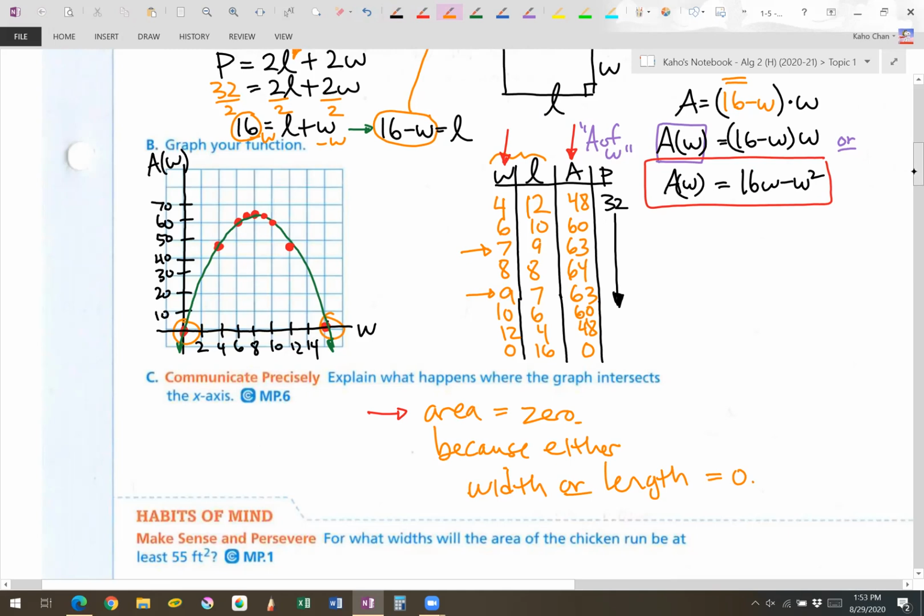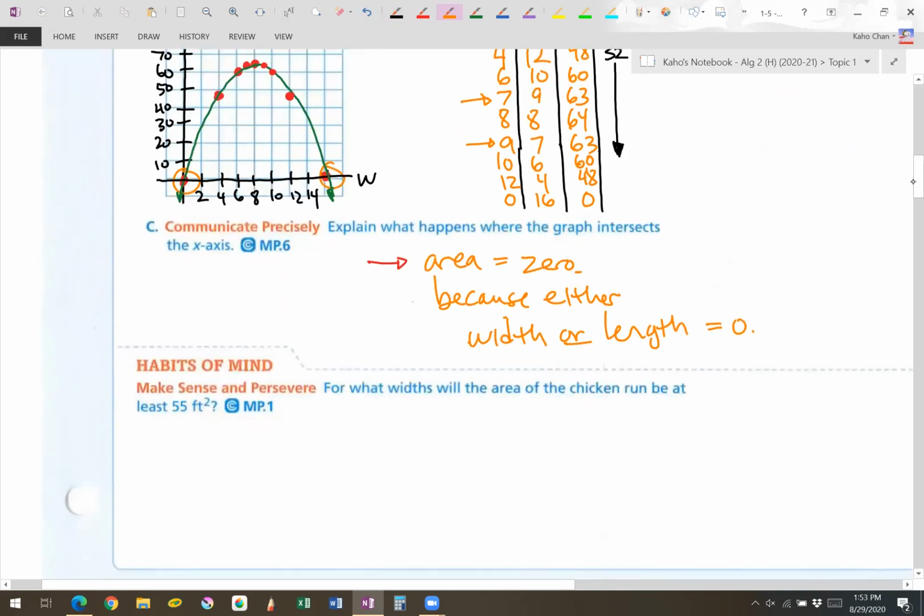All right. Let's look at the question at the bottom there. For what widths will the area of the chicken run be at least 55 feet? Okay, that's kind of interesting. They're changing the problem on us. Be at least 55 square feet. Take the function. Throw it into an inequality.